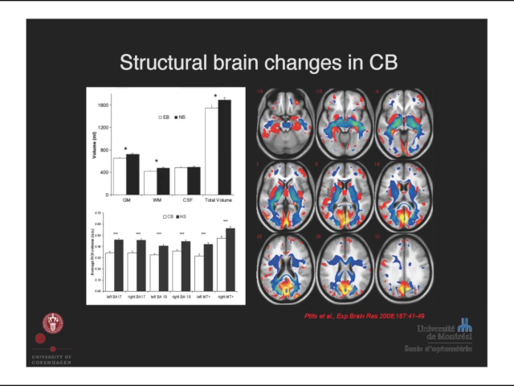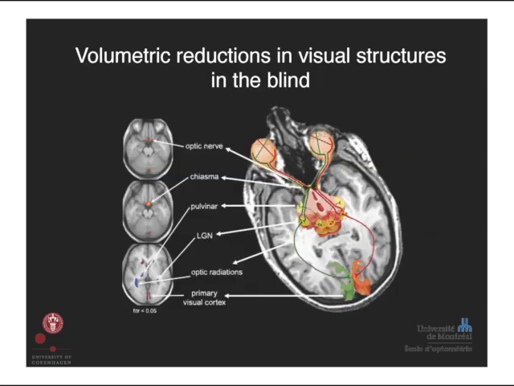We see that, for example, in the blind, in various visual areas, there is a reduction of the volume, which might be expected because they were not nourished by visual inputs. And we see also that the white matter undergoes changes that I will show later.